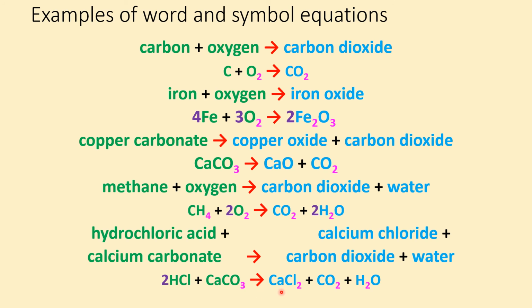Arrow CaCl2 plus CO2 plus H2O. So I've really rattled through those, so feel free to pause this bit of the video and write down this information if you'd like to. So this reaction is the only one that we haven't talked about in this topic, but this is going to come up in the acids and alkalis topic.